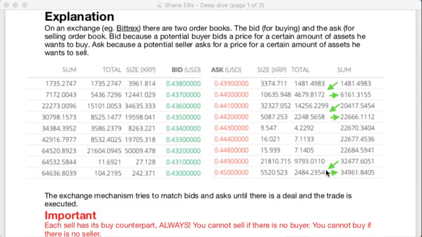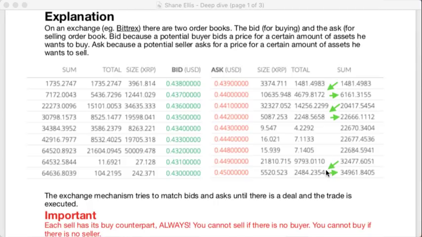You can see two tables, the bid table and the ask table. The bid table are bids from potential buyers, what they're bidding as a price for an amount of XRP they want to buy. The highest bid is on top and then they're decreasing. On the ask side, it's the other way around. The lowest asks are on top and then they're increasing.